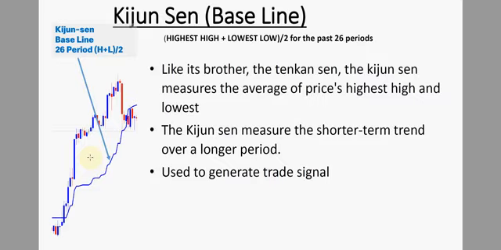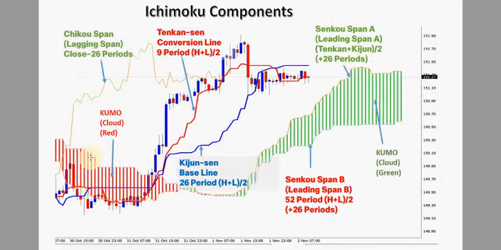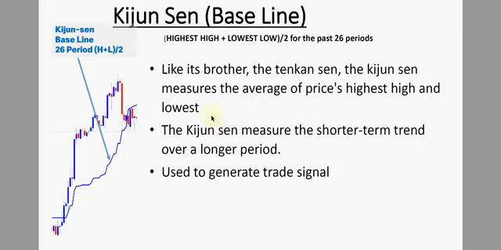The next one is the Kijun-sen. Let me show you in the components. So we have talked about Tenkan-sen, and now we are talking about Kijun-sen. Okay, the blue line. The blue line, Kijun-sen. All right. So like his brother, it is also calculated by using high and low divided by 2 over the last 26 periods.